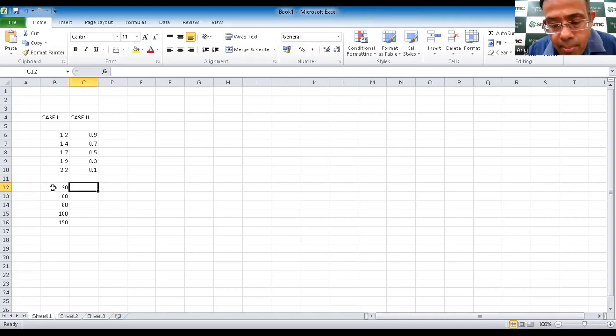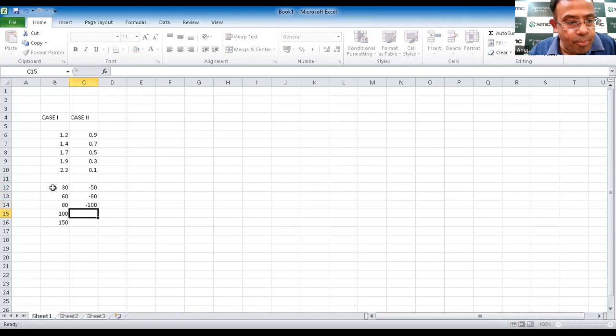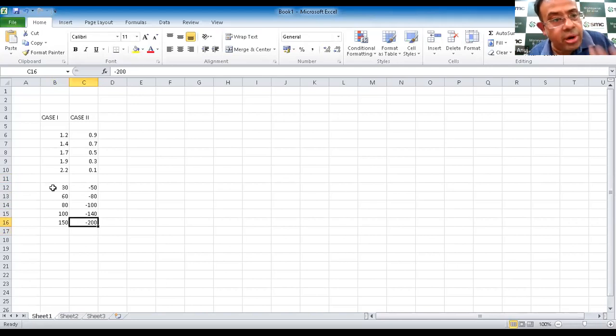In this case, the market may open 50 points minus. It eventually gets down to minus 80 points, then minus 100 points, then minus 140 points, or minus 200 points. So this will be the trajectory if you see this kind of trend. I'll discuss how we can set the trend.